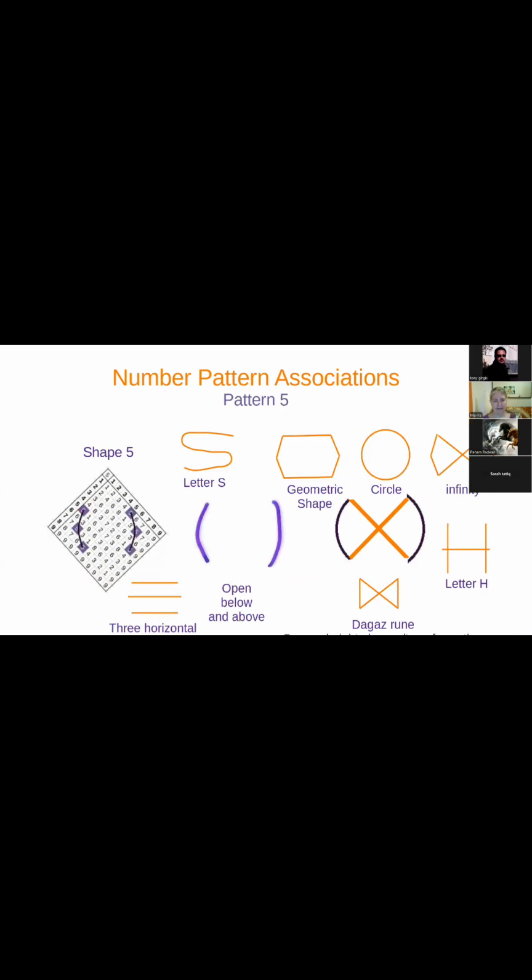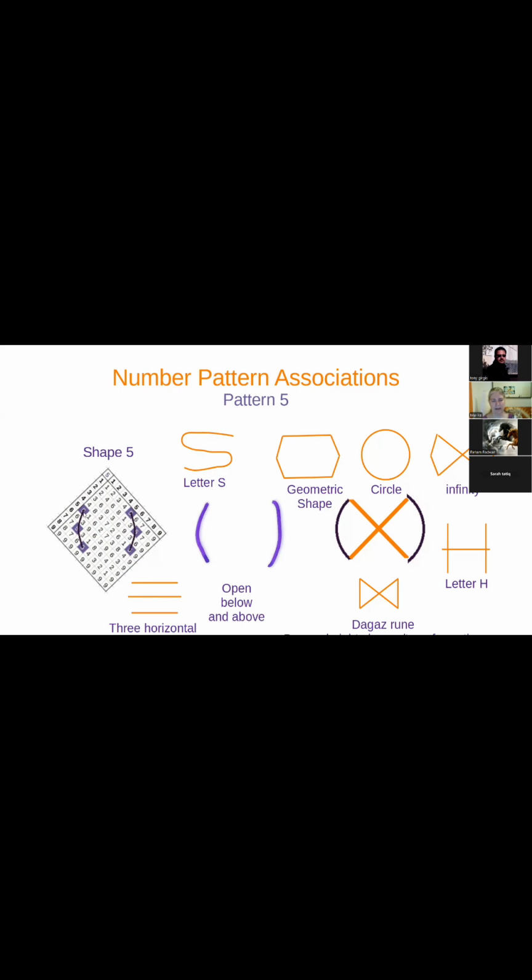Number pattern association for pattern 5 is open, below and above. It shows a vertical mirror. It shows 3 horizontal lines, where the one in the middle is the longest.